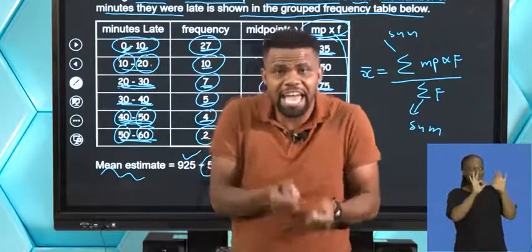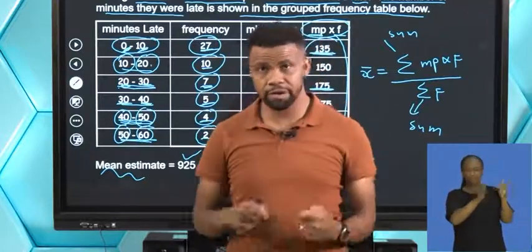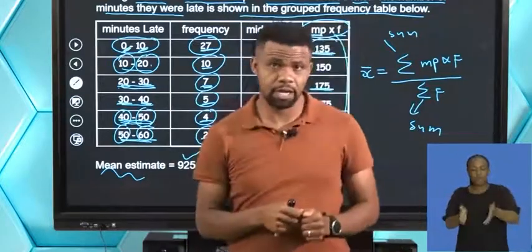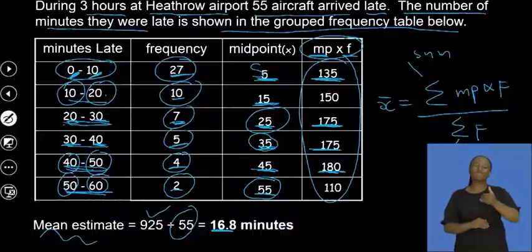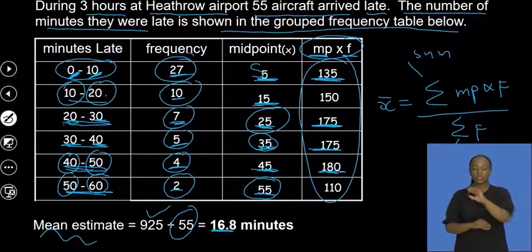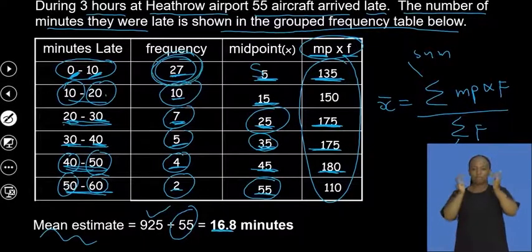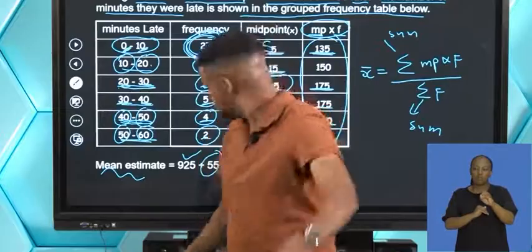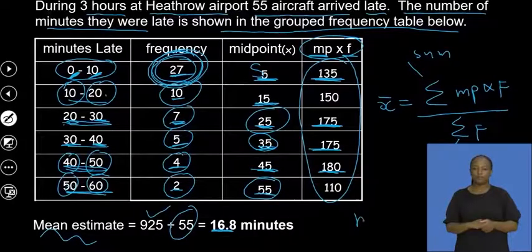We don't have the actual numbers for the 55 aircraft. What we have is the frequency. Are we together? So the frequency, if you look at 0 to 10, that's the highest. So we'll call this the modal class.